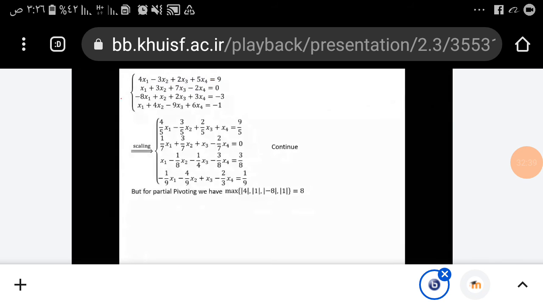We have 4, 1, minus 8 and 1. I am looking at the coefficients of x1 in each row: 4, 1, minus 8 and 1. The maximum is 8, and it occurs in the third row. So we commute the first and third rows. That means I do R1 3.